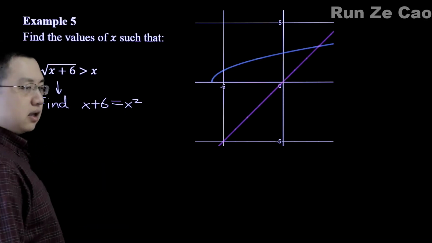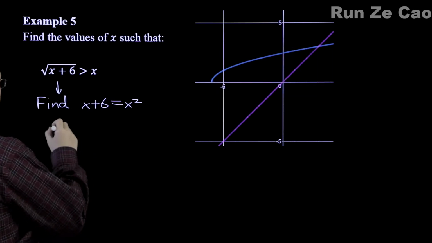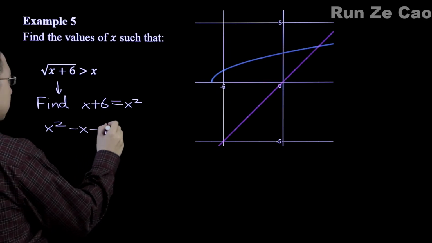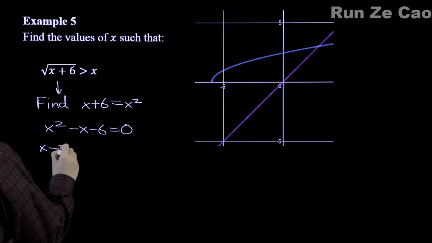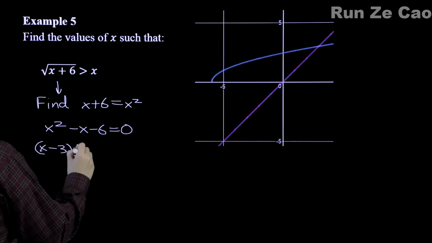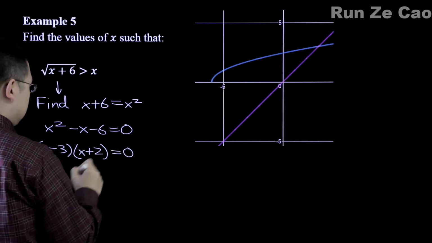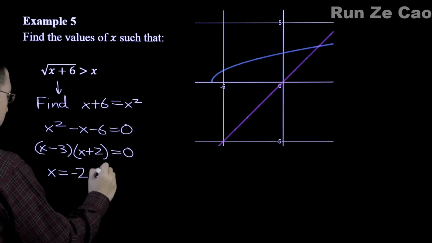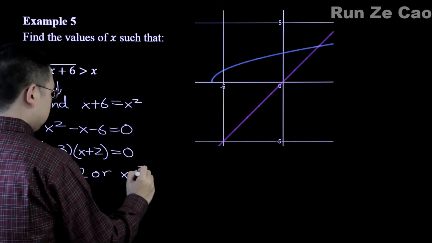Okay, let's just write this out. x squared minus x minus 6 equals 0, so x minus 3 times x plus 2 equals 0. So x equals negative 2 or x equals 3.